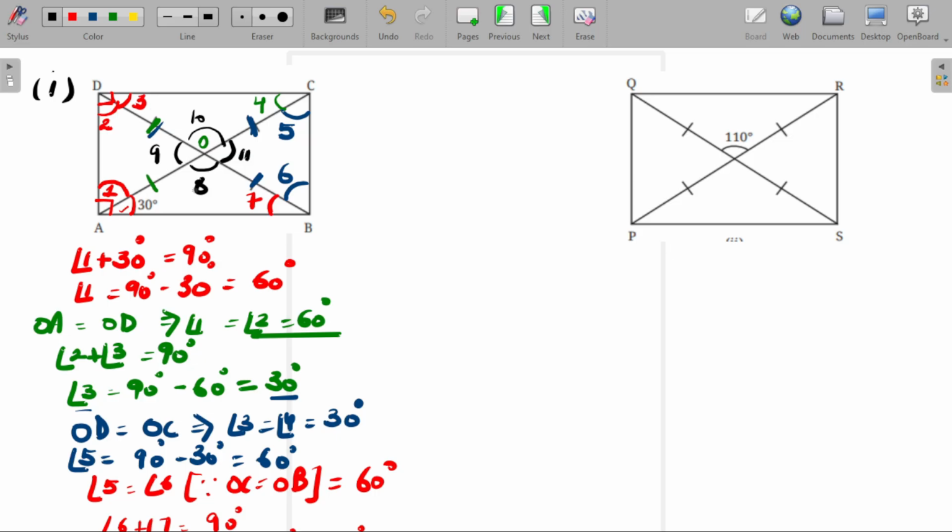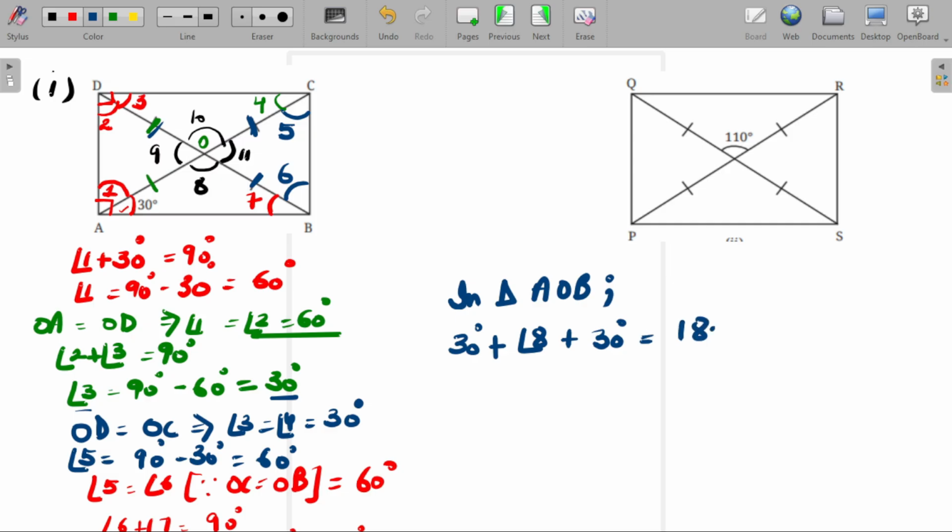We are using the triangle sum property. We are taking any of the triangles here. So let's take triangle AOB. In triangle AOB, you have three angles: 30°, plus angle 8, plus angle 7, which is also 30°, right?